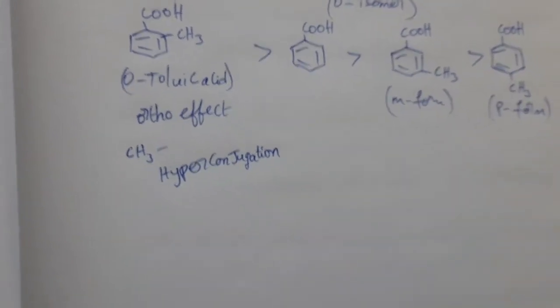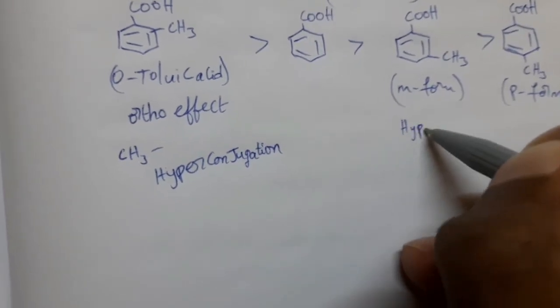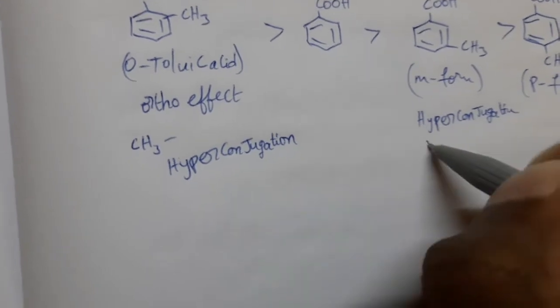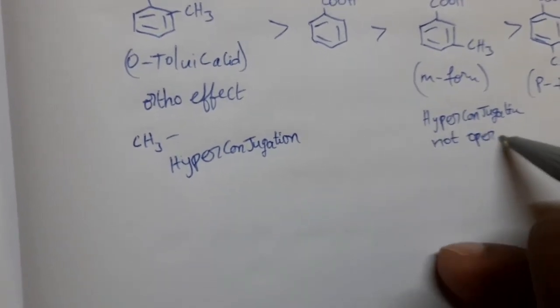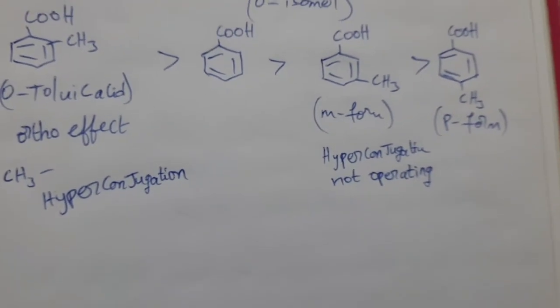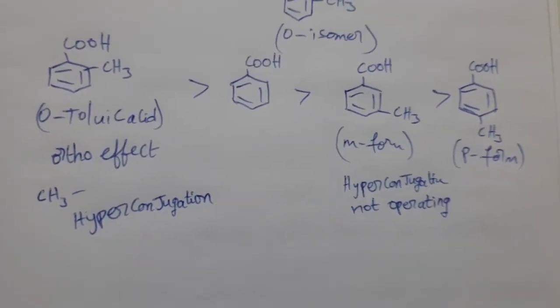Between these two, in meta form, hyperconjugation is not operating. So its acidic strength is more than para form. So remember the reasons carefully.